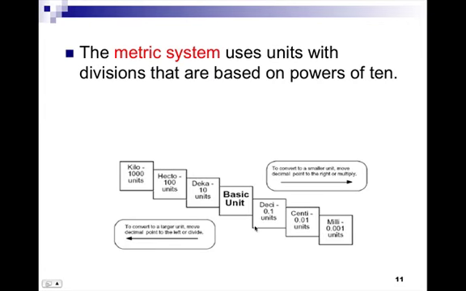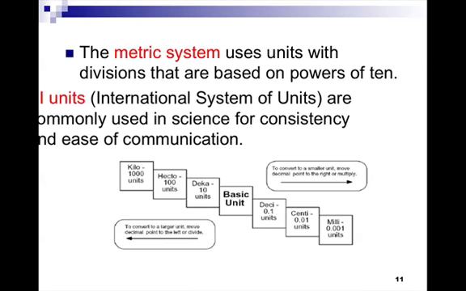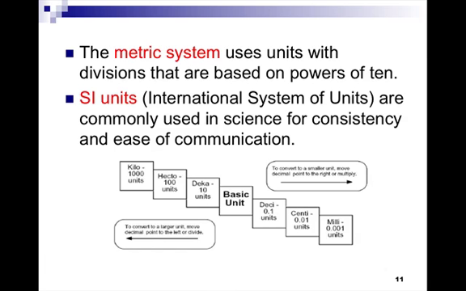The metric system is what scientists use in order to count their data. And we use units with divisions that are based on powers of 10. SI, or the International System of Units, is commonly used in science for consistency and ease of communication.